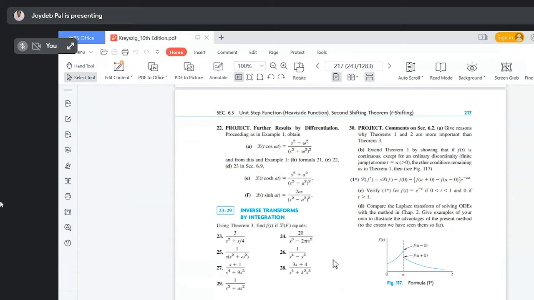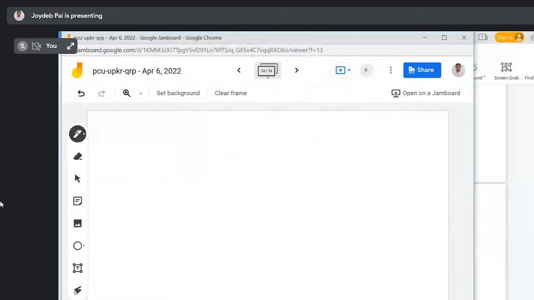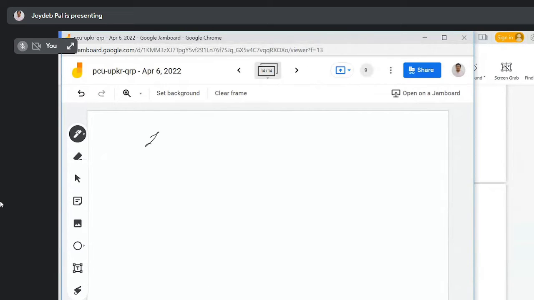Sir, in the first method, where is that -1 from? This -1 comes from the Laplace transform of f dash t. What is the formula? Laplace transform of f dash t, this is a formula, the derivative formula: s Laplace transform of f(t) minus f(0).